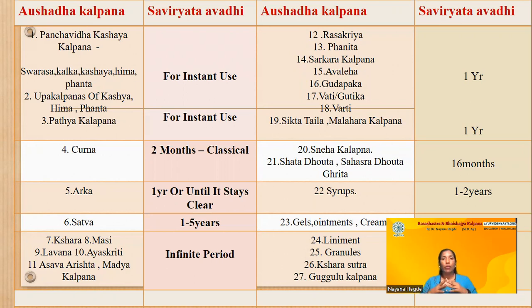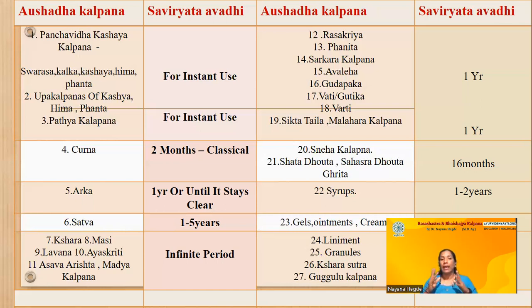All the scattered information are compiled here and presented in a table form. Okay. So aushadha kalpanas are panchavidha kashaya kalpana, that is swarasa, kalka, kashaya, hima, phanta. Then upakalpanas of kashaya, hima and phanta.